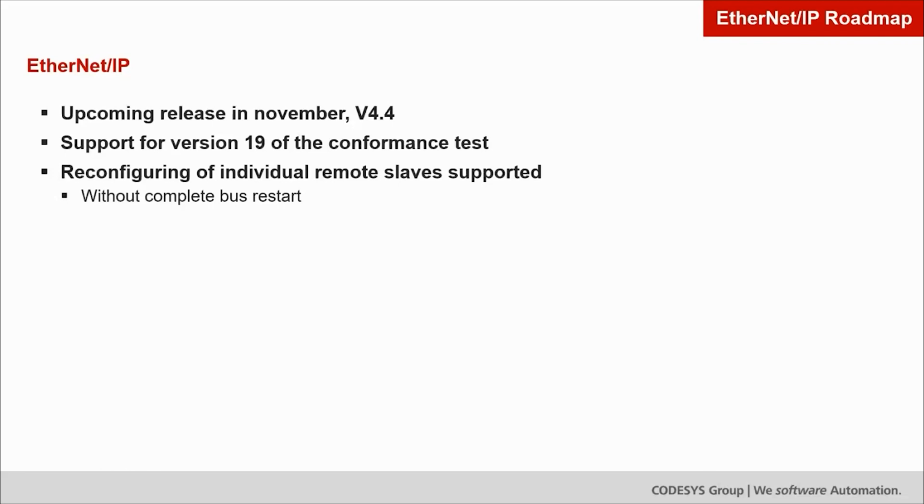This was not possible so far with our EtherNet/IP stack. Any configuration change usually required restarting the complete bus and also all slaves, so stopping communication completely and restarting it again. Now with the new release, it will be possible to just change the configuration of one individual remote slave and only restart communication to that slave without having to reset the complete Fieldbus.